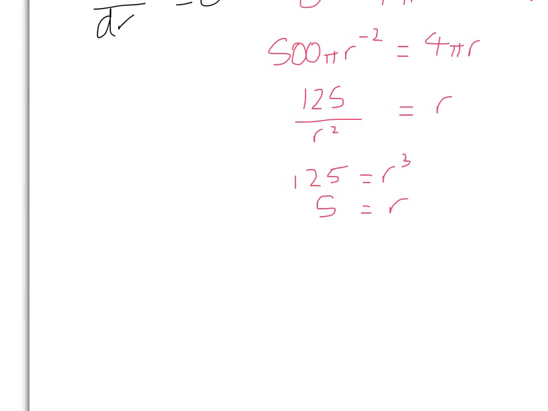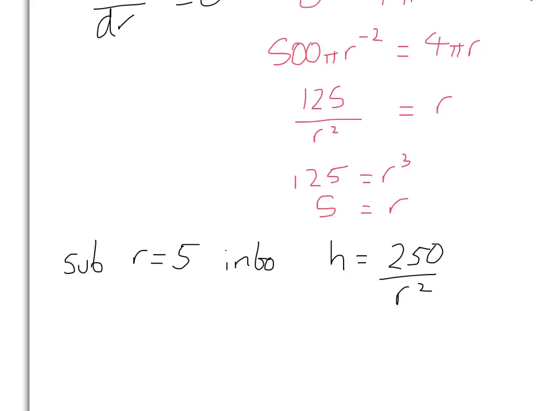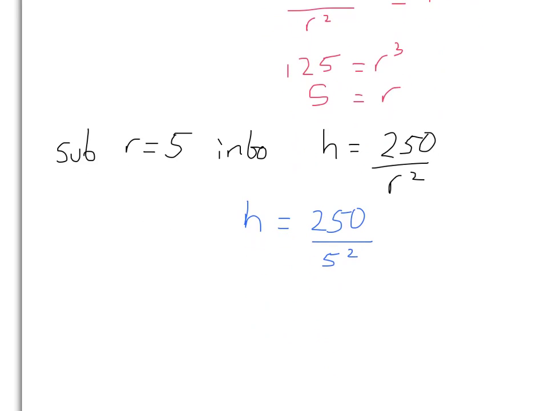So sub r equals 5 into the height is equal to 250 divided by r squared. So h is equal to 250 divided by 5 squared. Well, 5 squared is 25, so 250 divided by 25 is 10. So the height is 10.